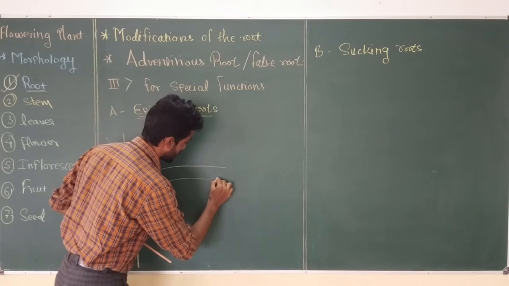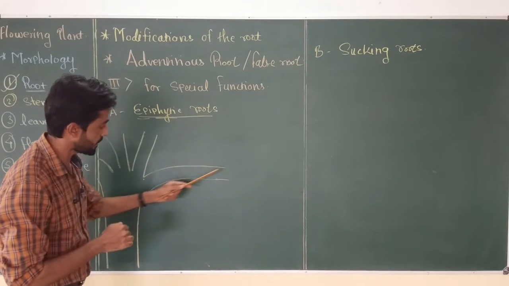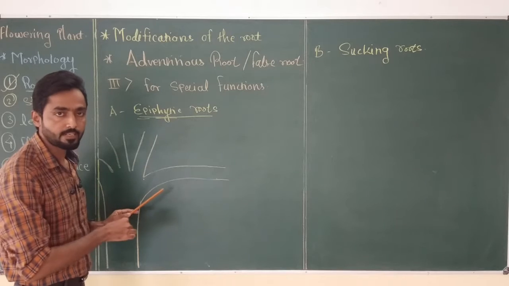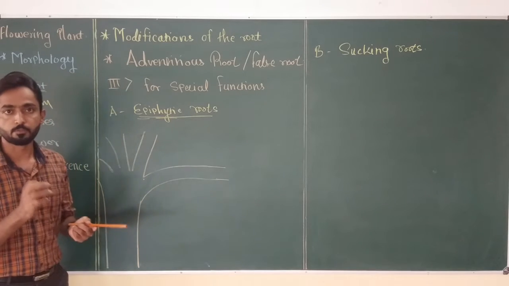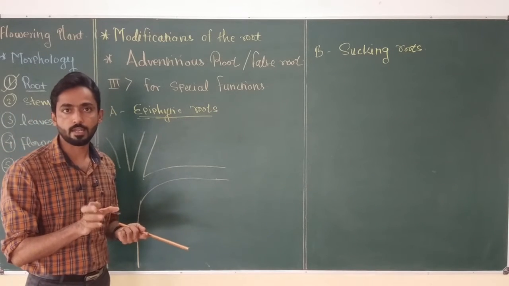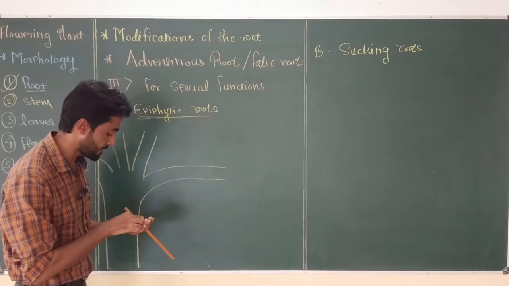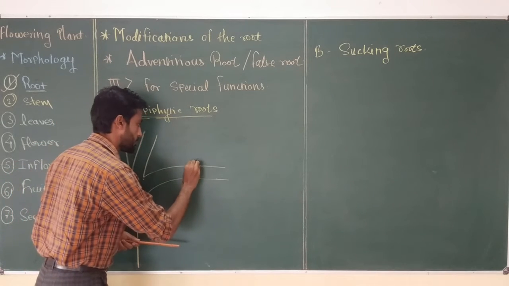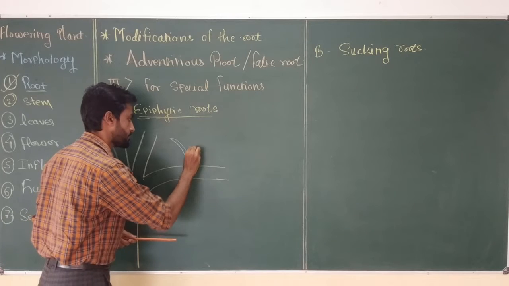Now the horizontal branch of this tree is the site for the growth of some special types of plants like orchids. Okay, so these small plants easily grow on these horizontal branches.